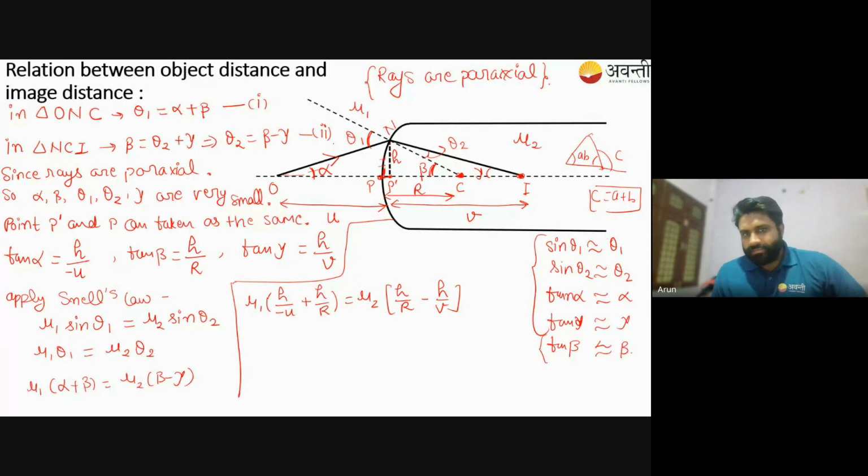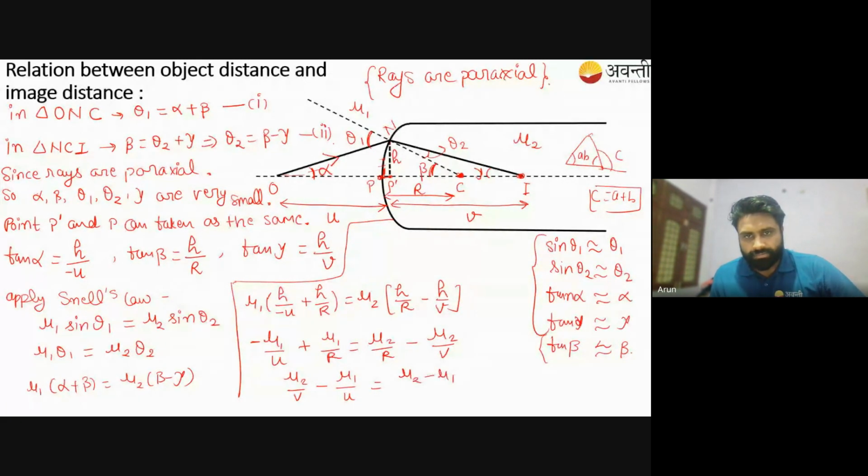H would be taken as common from both sides and will cancel out. So it is mu1 minus mu1 by u plus mu1 by r equals mu2 by r minus mu2 by v. We would take mu2 by v here. So it is mu2 by v minus mu1 by u equals mu2 minus mu1 divided by r.